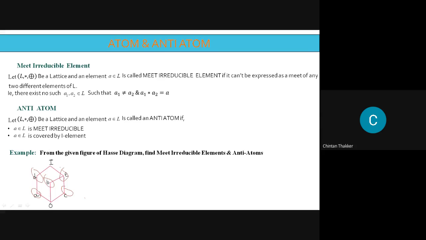So here the meet irreducible elements are A, B, C, D and E. And which are the anti-atoms? From all these elements, D has cover I and E has cover I. Therefore, D and E are anti-atoms.